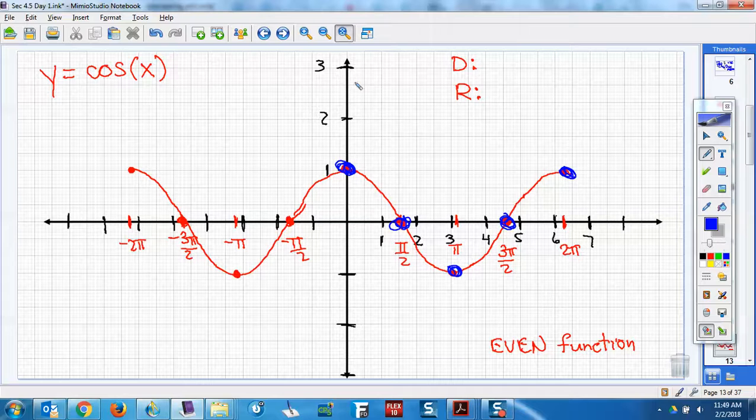So in your notes, we're going to talk domain and range in a minute, but in your notes, you can just go 1, 2, 3, 4, pi/2, pi, 3pi/2, 2pi, and then here, here, here, here, and here. And then you just make it curved, don't make it a V. Okay, and boom, you got your cosine graph. You got 1 cycle, 1 section of your cosine graph.